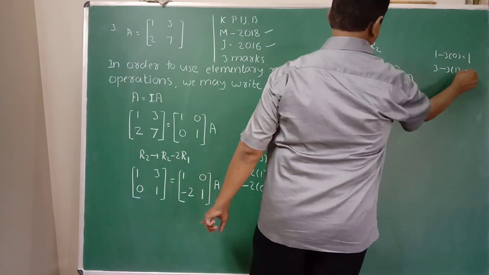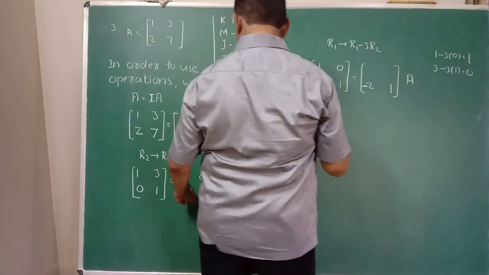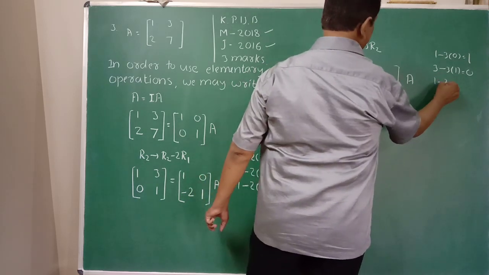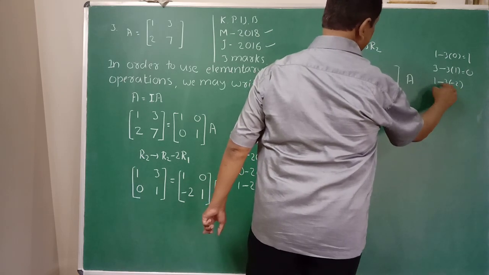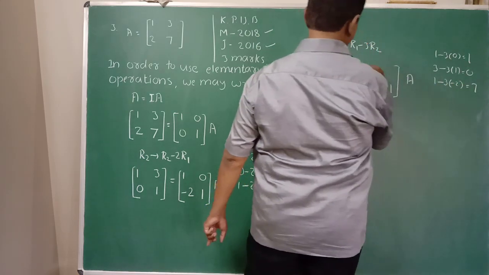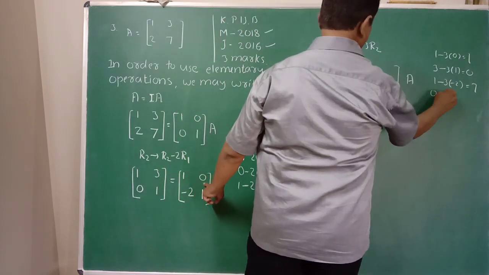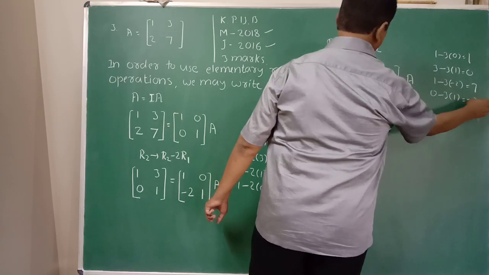Then 3 minus 3 into 1 becomes a 0. So right here 0. Then 1 minus 3 into minus 2, minus into minus is plus, 3 into 2 is 6, plus 1 becomes 7. So write here 7. Then 0 minus 3 into 1 is equal to minus 3.